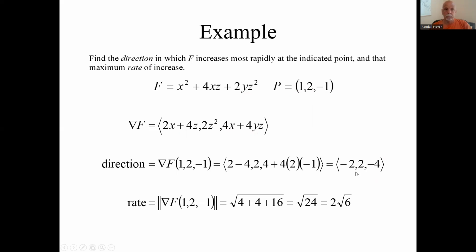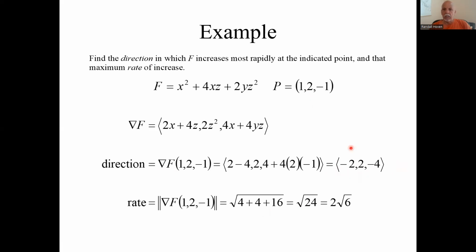And the rate is the magnitude of this. It would be 4 times the square root of 4 plus 4 plus 4. Now, actually, any direction, I could have said 1, -1, 2. That would be a legitimate direction. But to get the rate, you need to use the numbers you got when you plugged the point into the gradient.